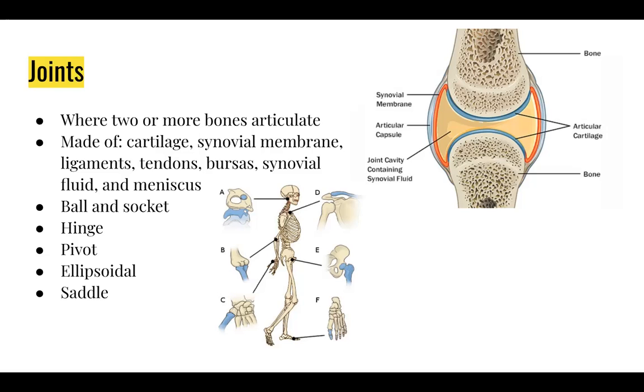In the neck, it is a pivot joint, as you can see in letter A. And then for D in the shoulder, it is a ball and socket.